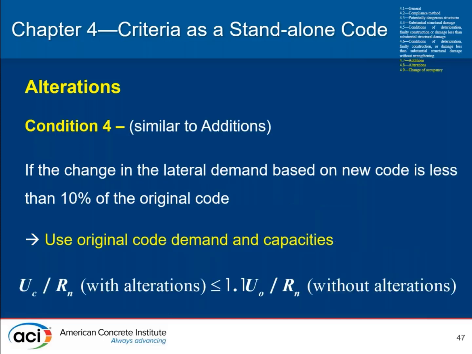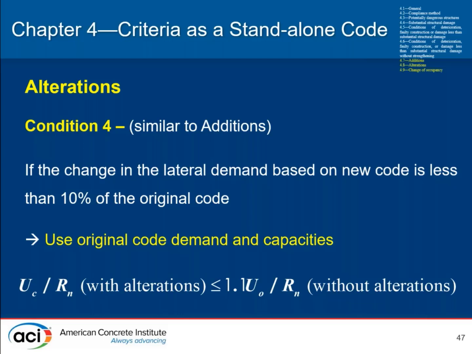And again, we have this exception. If the change in the lateral load demand based on the new code is less than 10% greater than that from the original code, you can use the original code demand and capacities. So there's that familiar equation across the bottom.